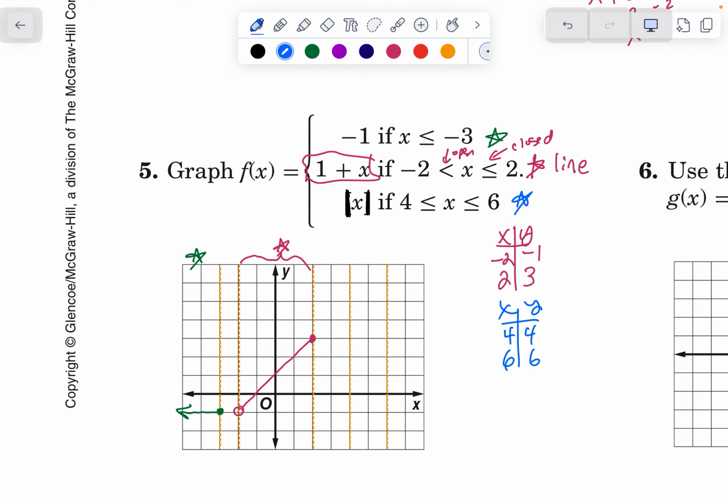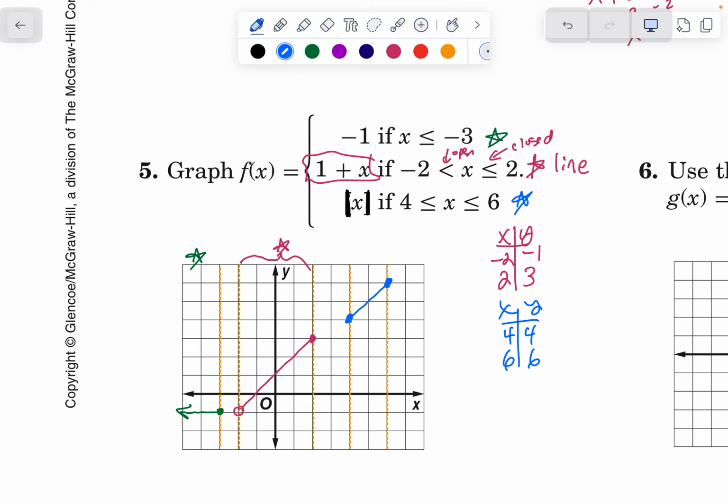The v is here and here, but I only want this little section of the v right here. It's like the other part is invisible. So I only want the v from here to here. They both have the equal to bar on them. So that's why they're closed in dots. So keep them closed in dots.